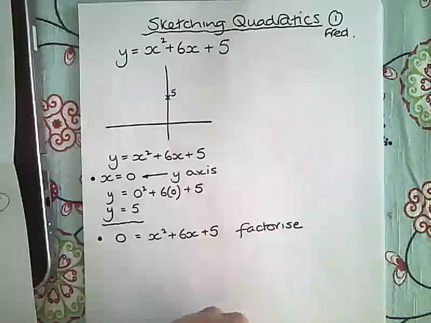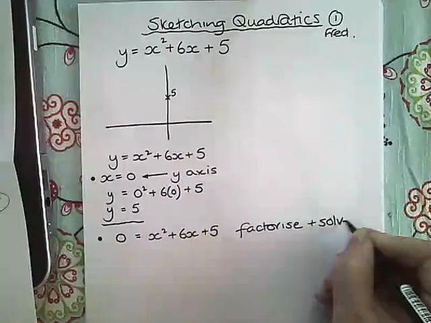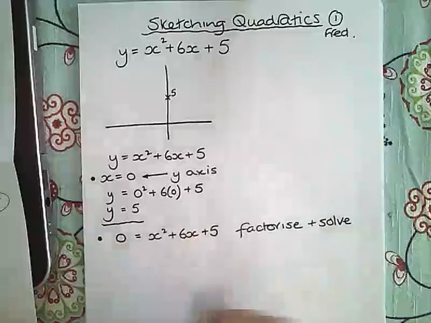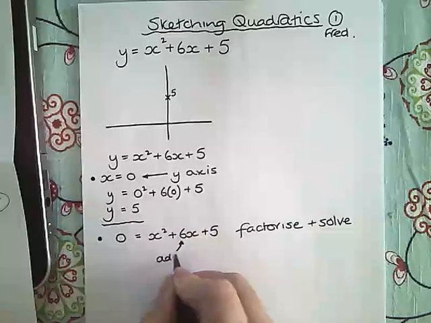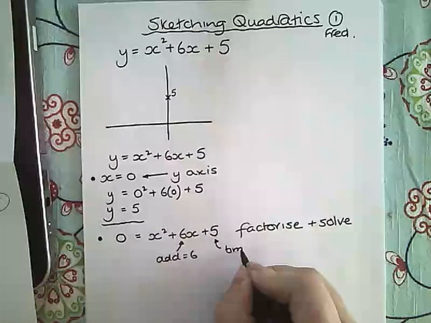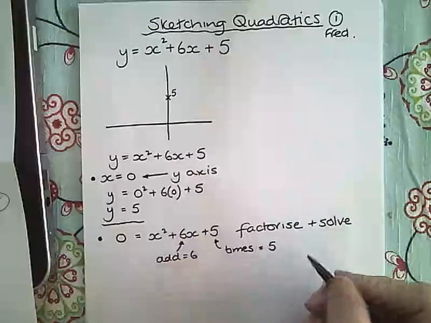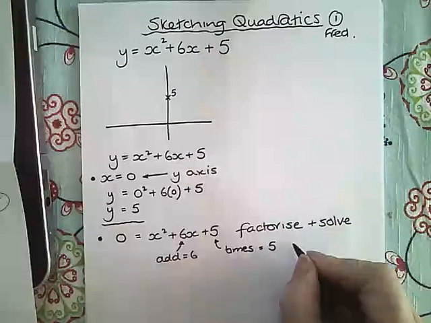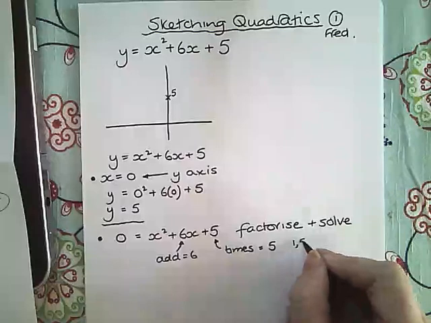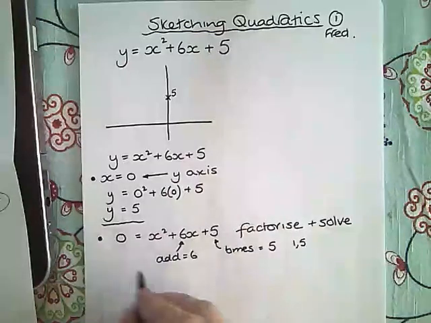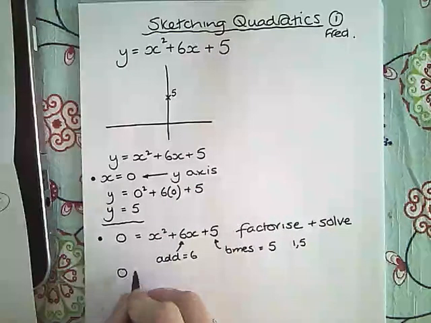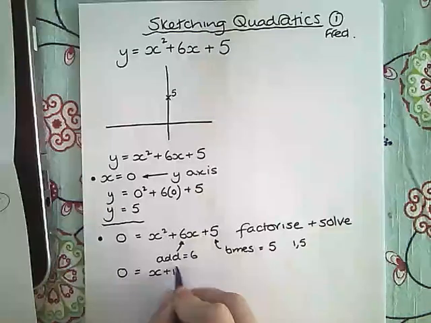So we are looking for two numbers which add to give 6 and times to give 5. Starting off with the factors of 5. 5 is a prime number, so the only factors are 1 and 5, and if we add those two together we get 6. So the brackets are x plus 1, everything's positive, x plus 5.